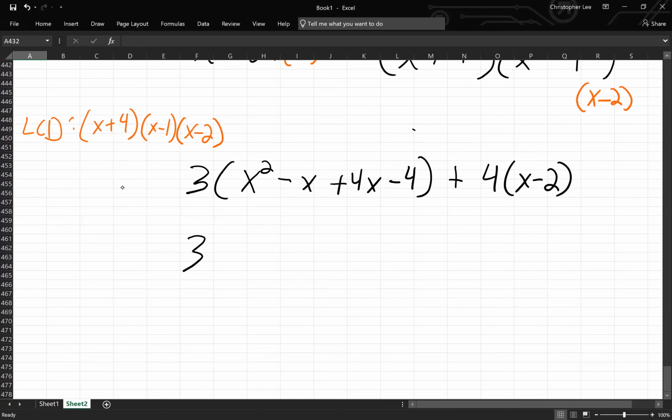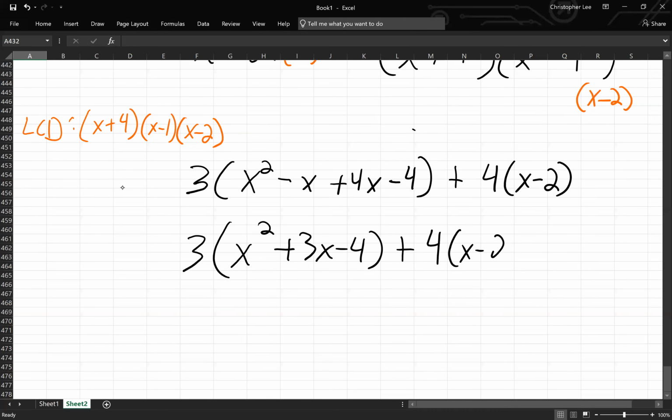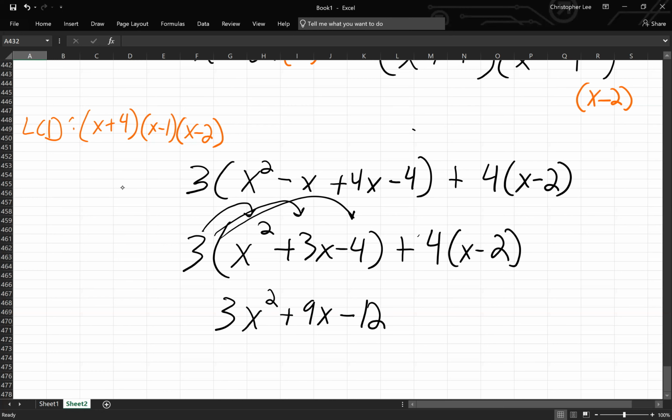This becomes 3 times x squared plus 3x minus 4, plus 4 times x minus 2. And after that, let's distribute this. This is 3x squared plus 9x minus 12. What else?